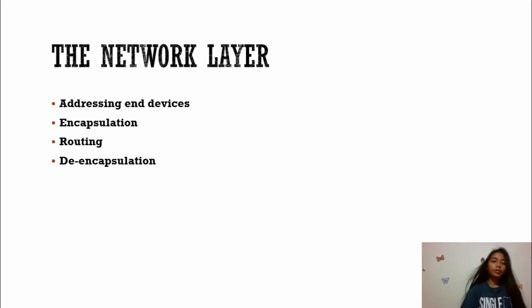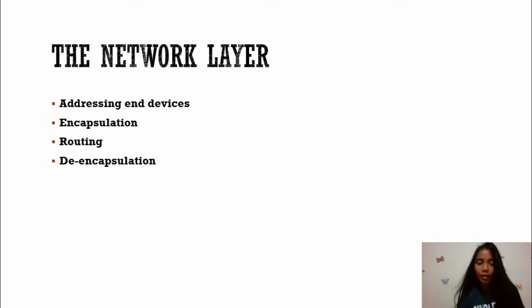So for the next one, we have the de-encapsulation. If the packet arrives at the network layer of the destination host, the host checks the IP header of the packet.